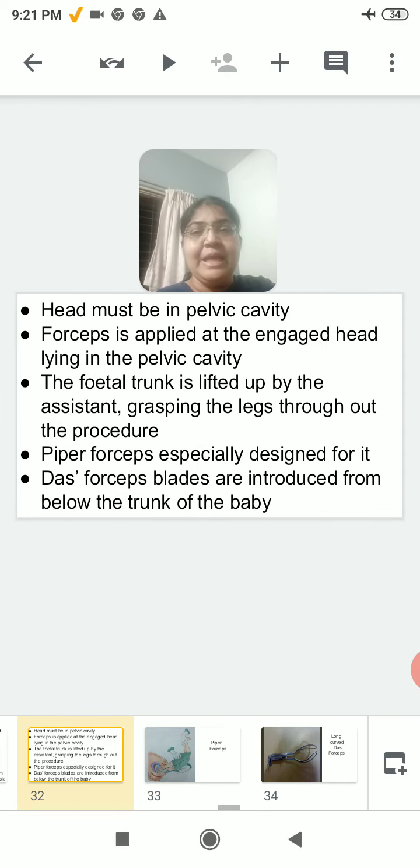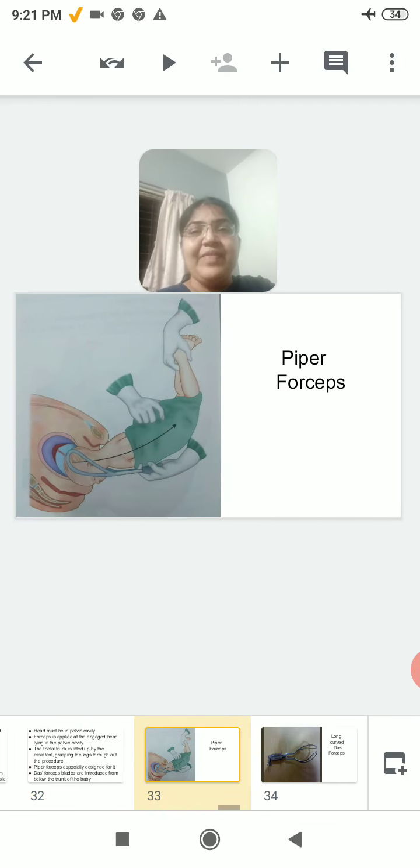It is called by the name of the physician Das, a famous Indian physician. So after his name, these forceps are also called Das forceps. It is an obstetric forceps used during the delivery of the head. So that was the use of the Das forceps.